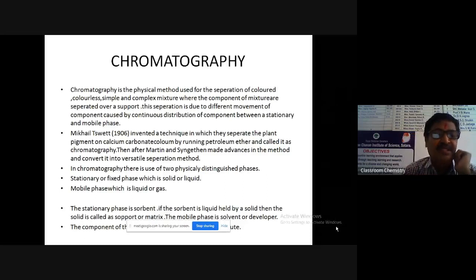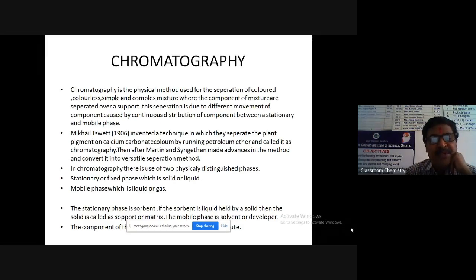We have seen this. Then Mikhail Tswett in 1906 invented this technique by means of which he was able to separate the components of plant pigment. He took the extract of a plant and from this extract he was able to separate the plant pigments, and then after that Martin and Synge made advances in this method, and it is now used as a versatile separation method.